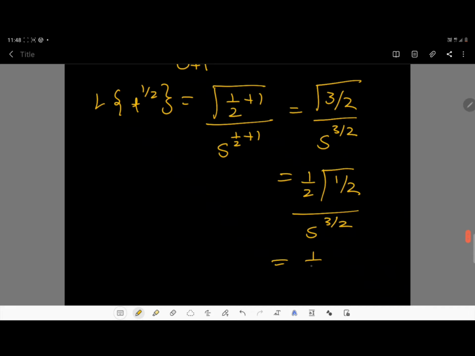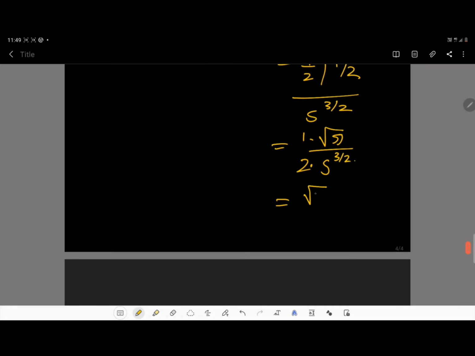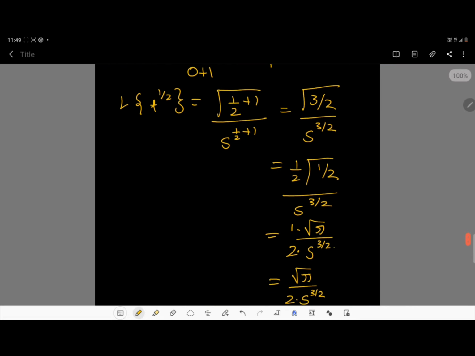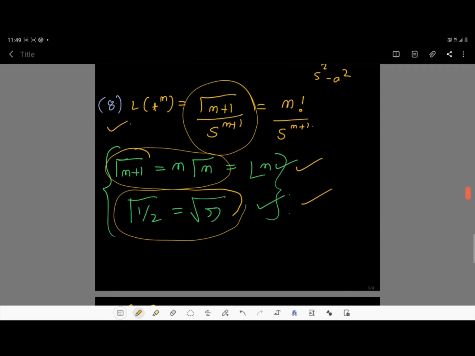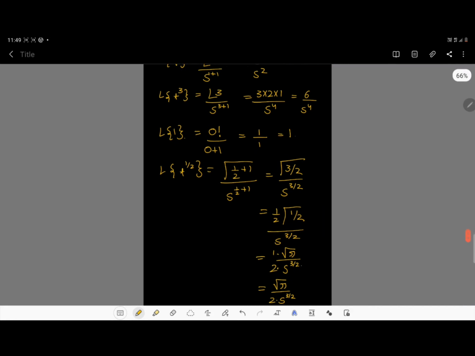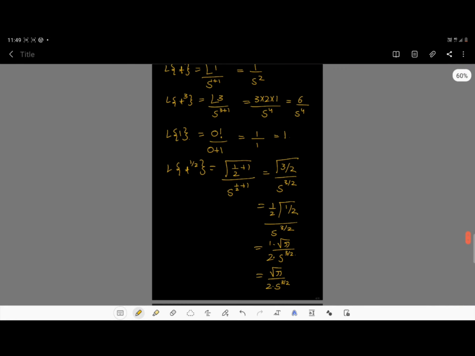I will take the 1 by 2 in the denominator only, writing root of pi and writing this 2 down here, and it will be s raised to power 3 by 2. So this will become root of pi upon 2 into s raised to power 3 by 2. So this was the solution for this type of questions. That's why I told you that you need to use the relations of the gamma function here. You can pause the video and note this down.